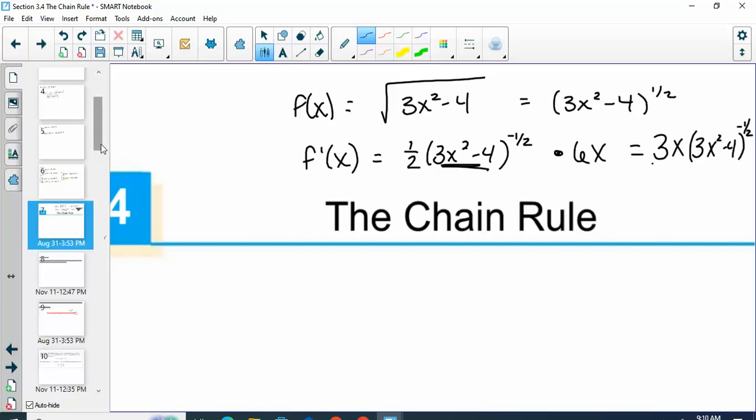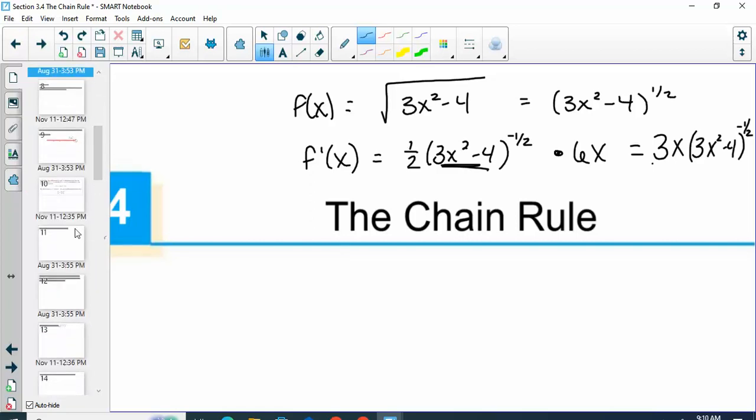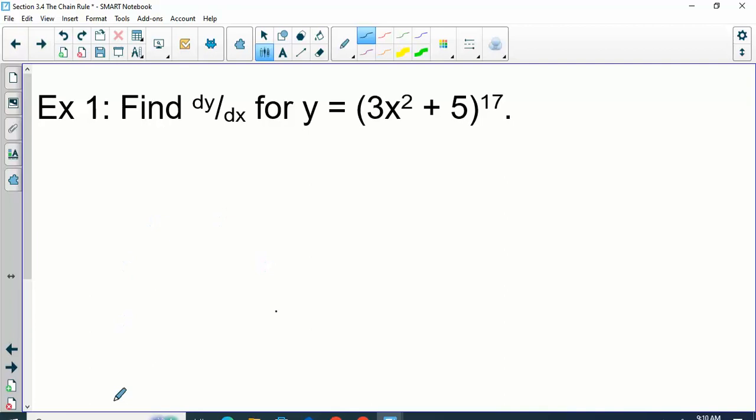Let's look at this problem. So if I asked you to find this derivative, I definitely don't want to write this out 17 times and multiply it. That would be extremely time consuming. So instead, we can do the chain rule. What's the outside function? The 17th power.